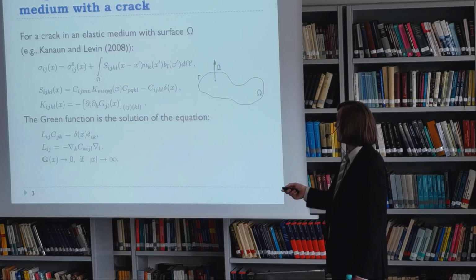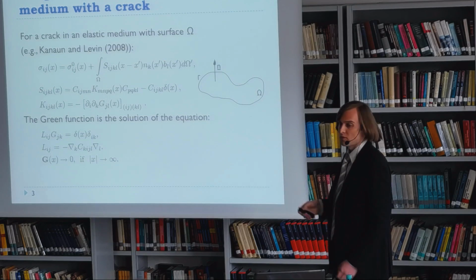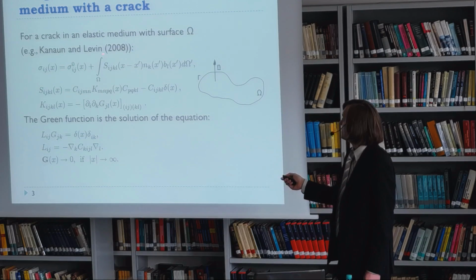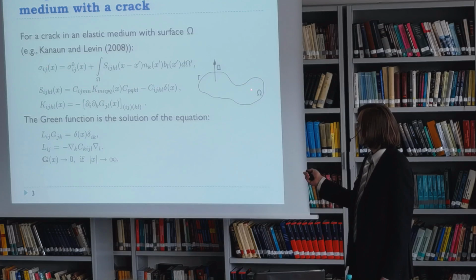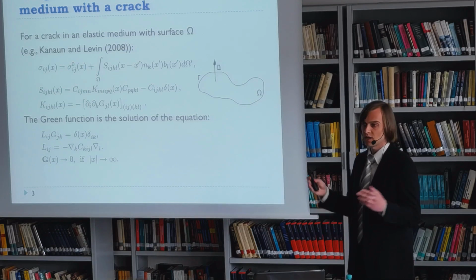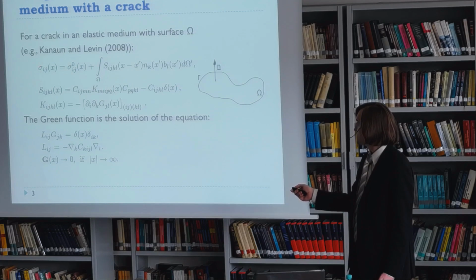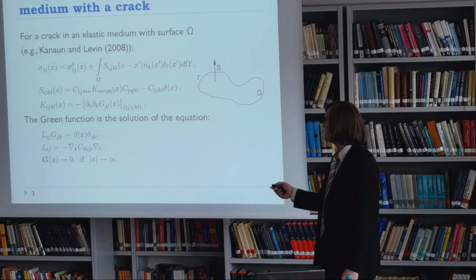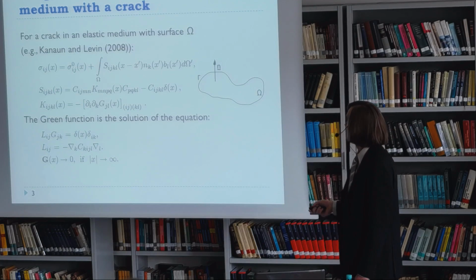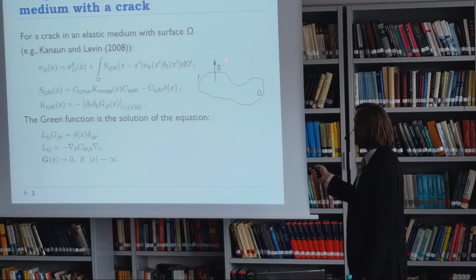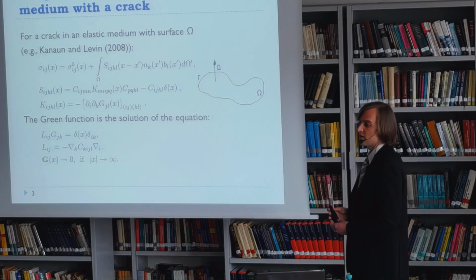According to, for example, the book of Professor Kanaun and Levin, the integral equation for the crack surface will be this one, where sigma 0 is the stress applied at infinity, sigma is the stress in the medium, S is the so-called Eshelby tensor, n is the normal to the crack surface, and b is the crack opening vector.